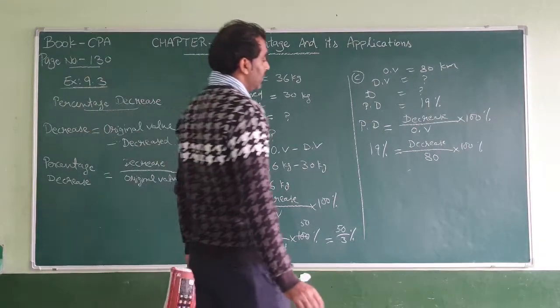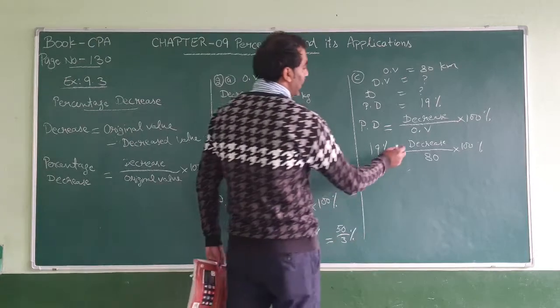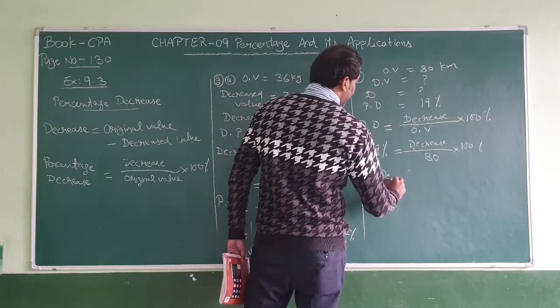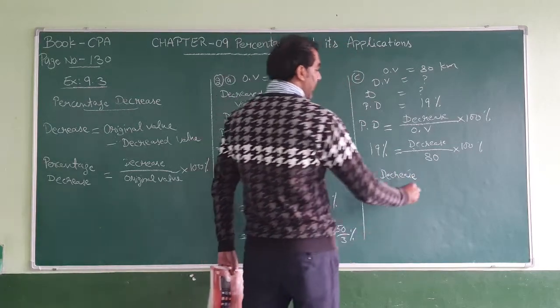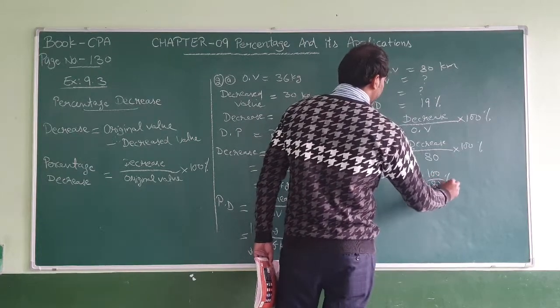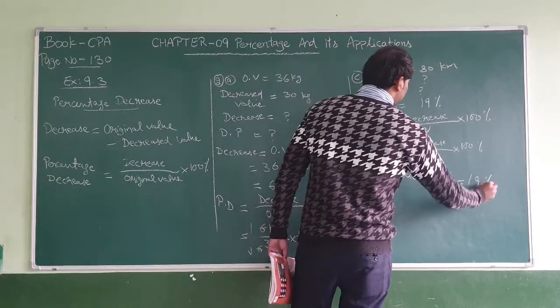Students, now we will need only the decrease value. Firstly, decrease is equal to 90%, which means multiply 100 upon 80 equals 90%.